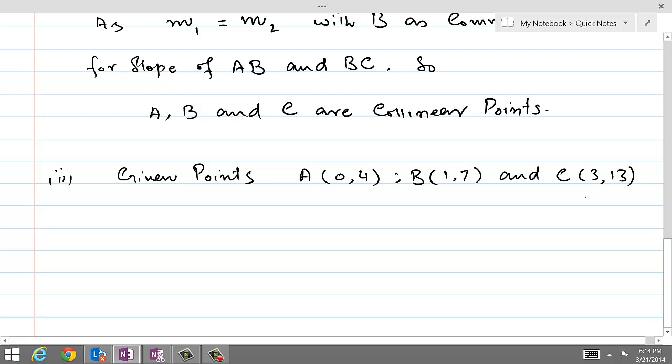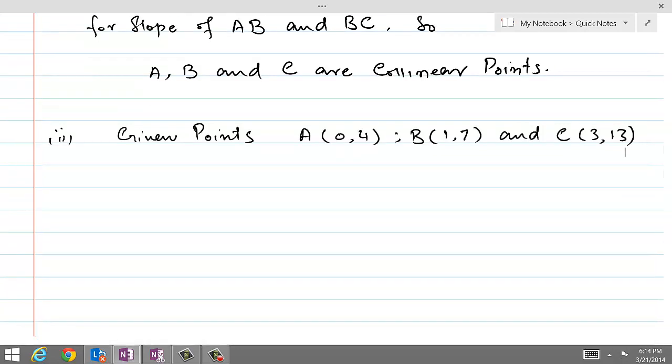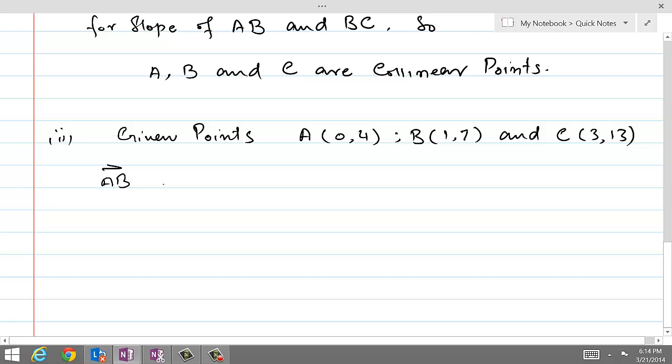So in order to find out the vector AB, vector is a displacement vector, and we can either find out directly by subtracting components of A from B, but let's do the full procedure.